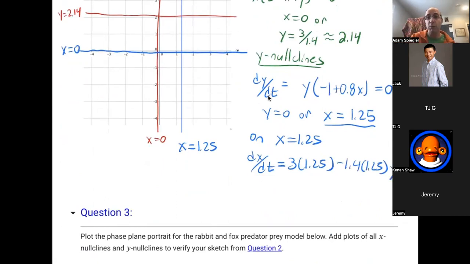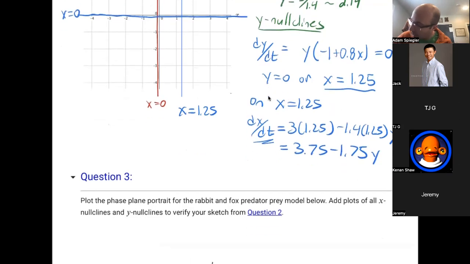I'm just plugging in 1.25 for x in the equation for dx dt. And then we simplify this. What do we get? It simplifies to 3.75 minus 1.75 y.